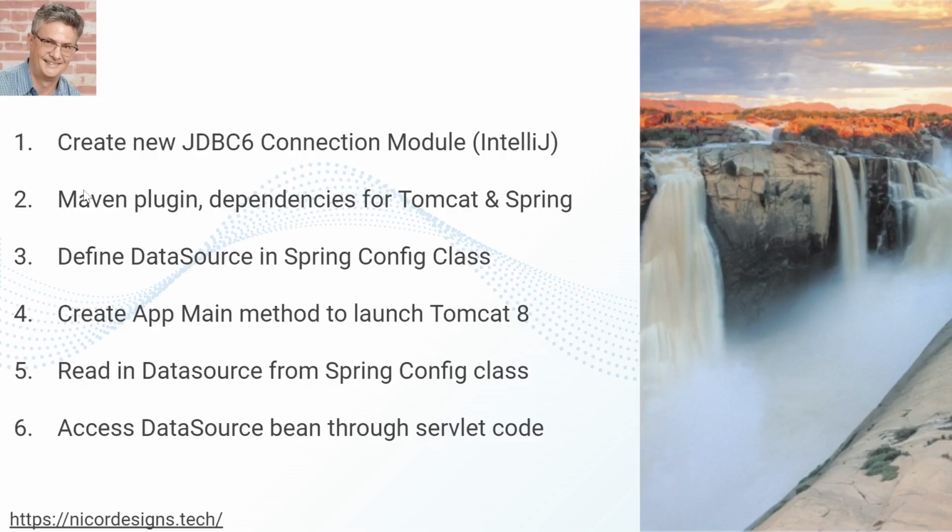In step 4, we will create an application main method to launch Tomcat 8. Step number 5, we will read in the data source from the Spring configuration class in our main method. Inside the main method, in step number 6, we will access the data source bean through the Servlet code.